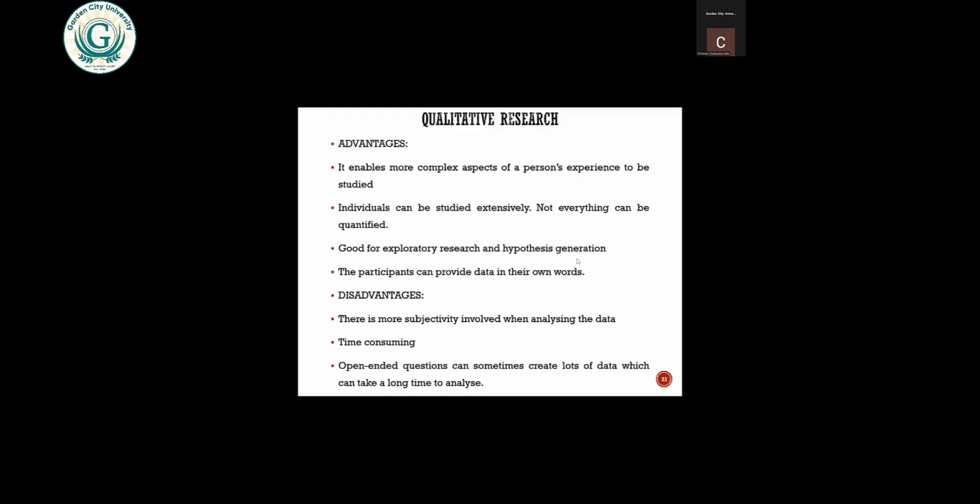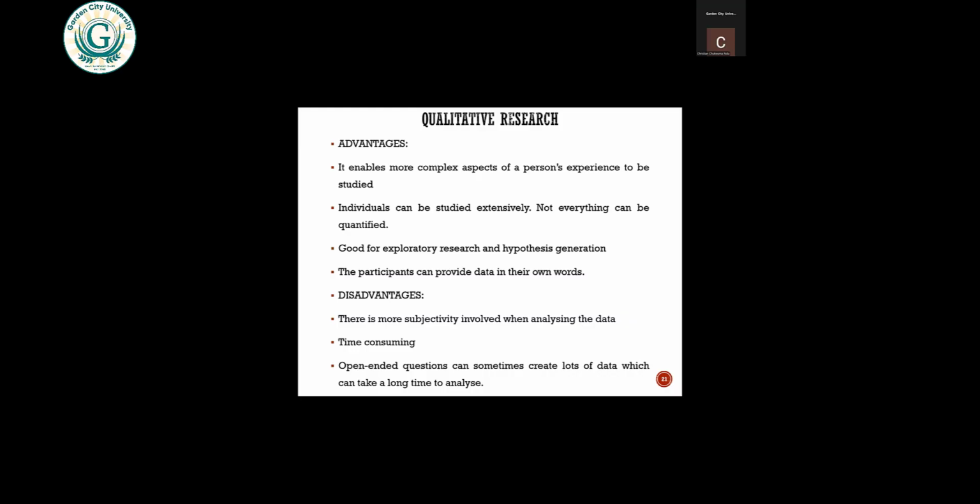But if they had sat you down in qualitative research and asked you in depth, you would have given them more information than what was on the questionnaire. So individuals can be studied extensively in this type of research.